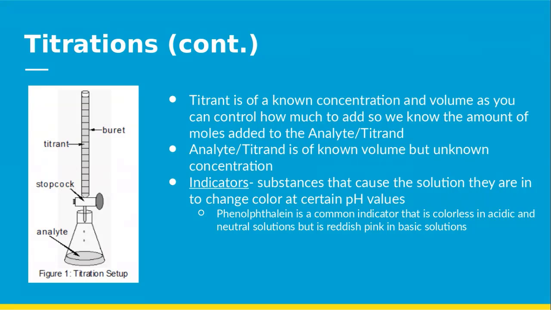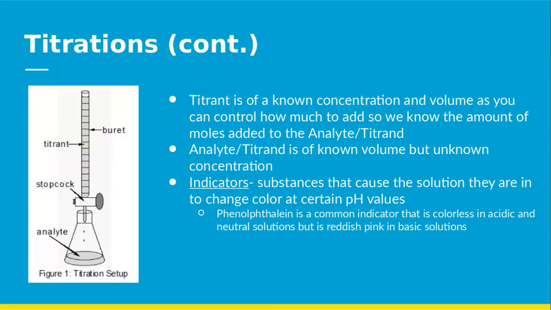There are different indicators with different ranges of color changes, but a common one used for acid-base neutralizations is phenolphthalein. The reason it's used so frequently is that phenolphthalein is colorless when the solution is acidic or neutral, but as soon as it becomes even slightly basic, it starts to become a reddish pink, like a magenta color actually.